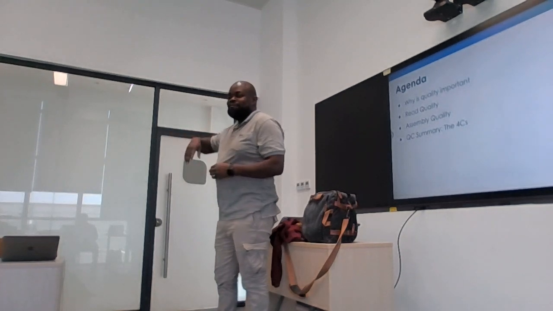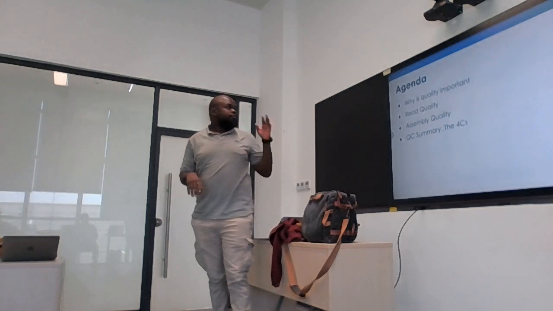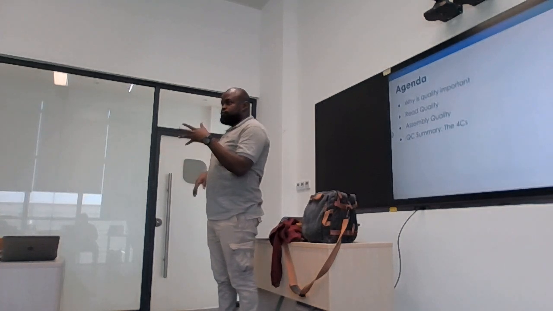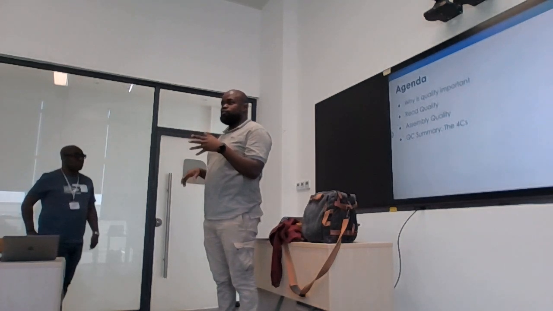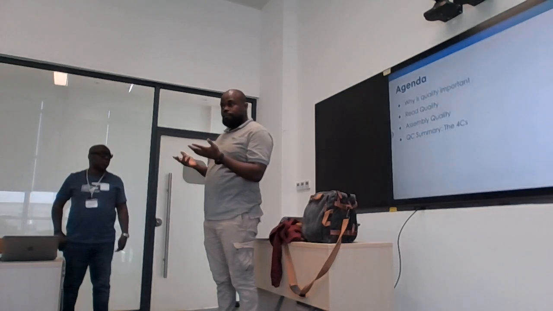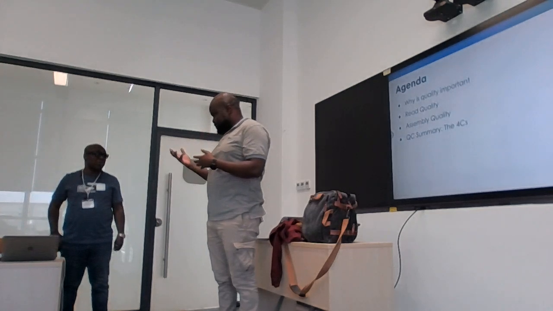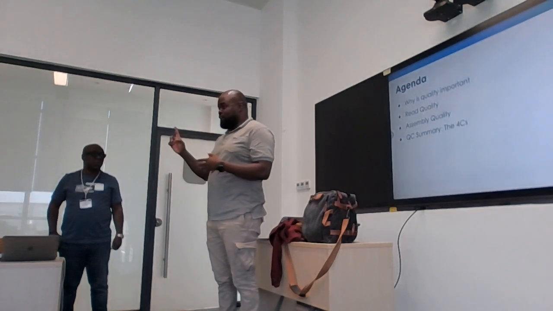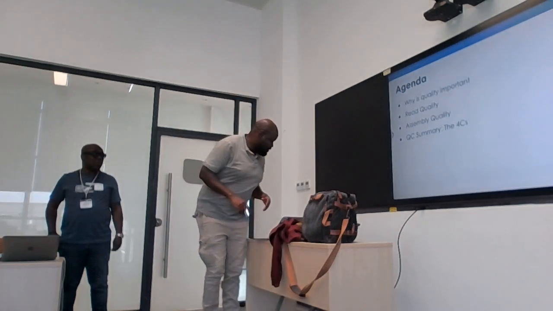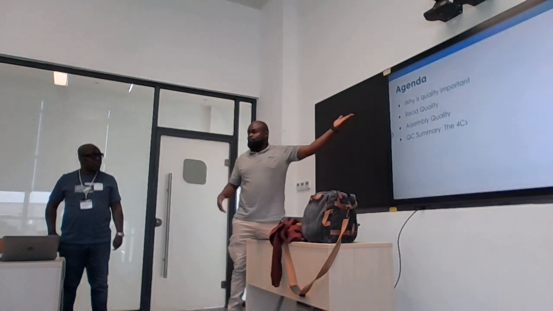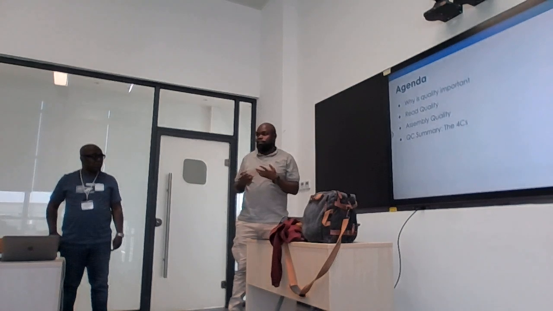Okay, no worry. So today, what we want to do is to go through quality, because quality is important. The first thing we want to ask ourselves is, why is quality important? Secondly, we want to look at quality in terms of two things.